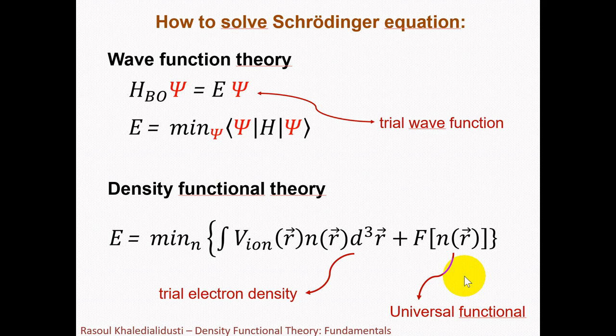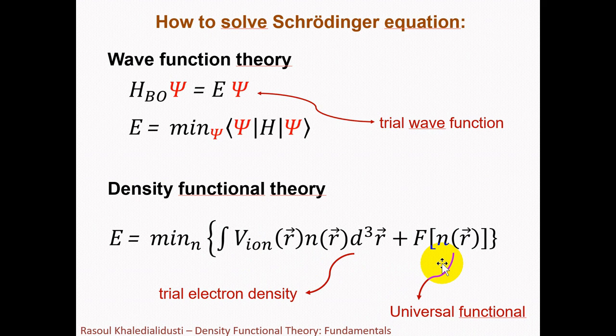So what's the problem now? Well, each of these theories has its own problem. So now let's come to density functional theory. We are going to attempt to minimize this quantity by changing the electron density. But there is a small problem: we don't even have an equation for F, this universal functional.